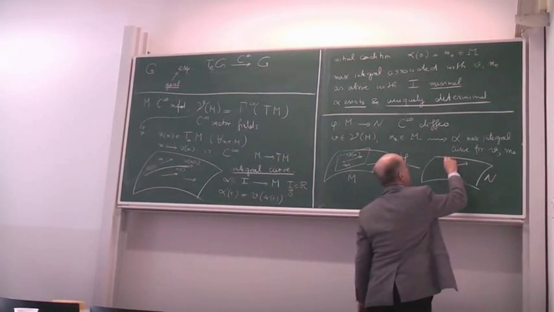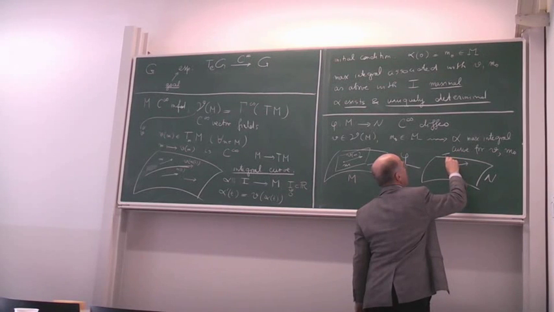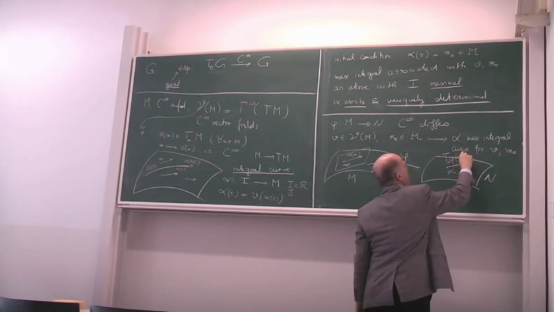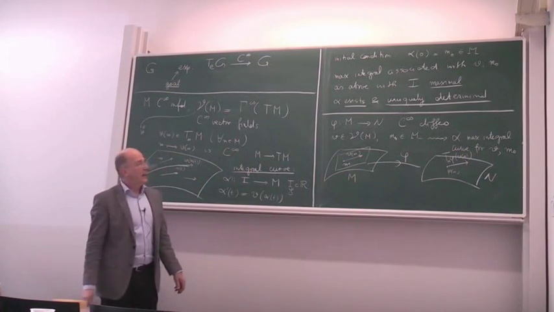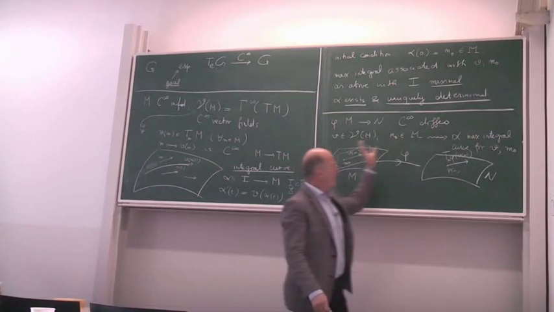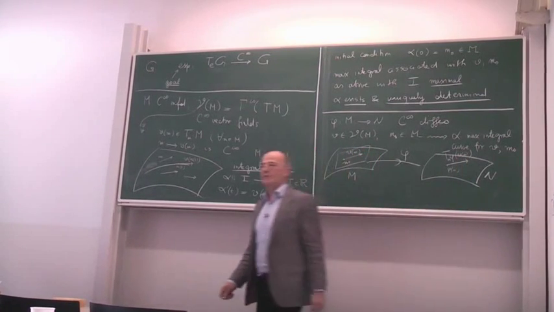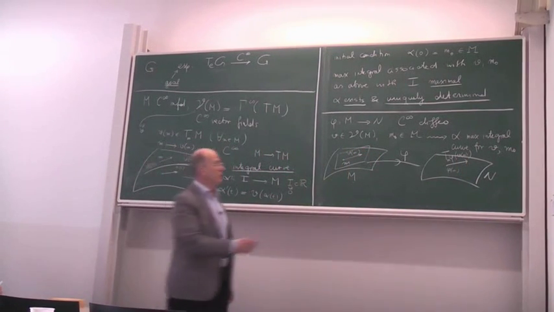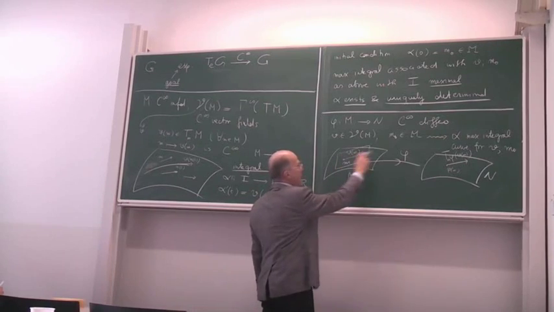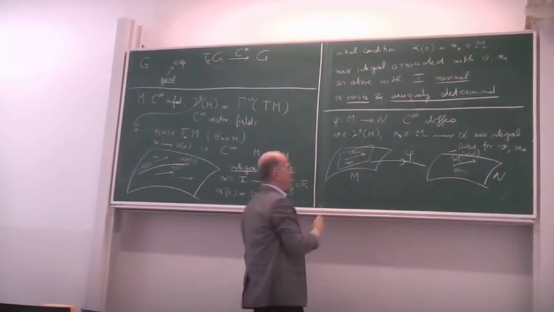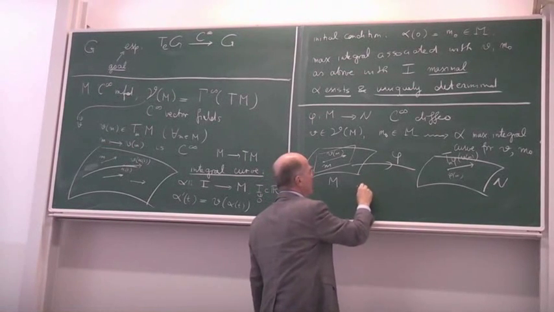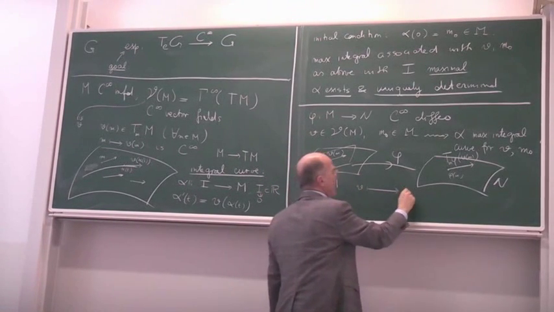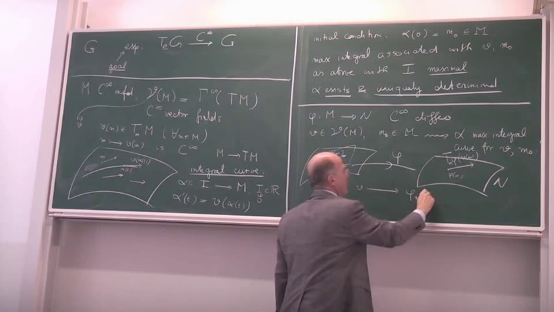This of course is a very natural operation. And so that will give a vector field on N, and this vector field will be called the push forward of the vector field v under the diffeomorphism phi, and it's denoted by phi lower star of v.